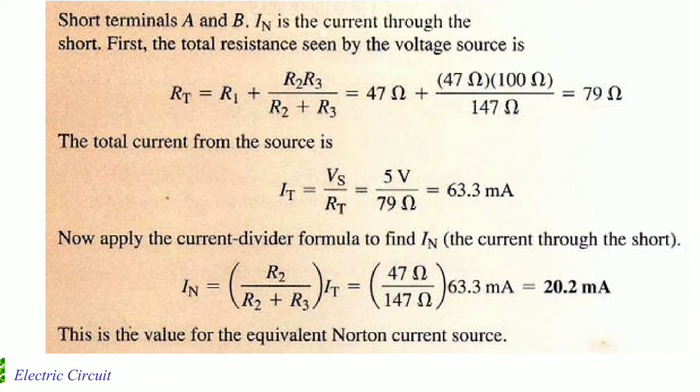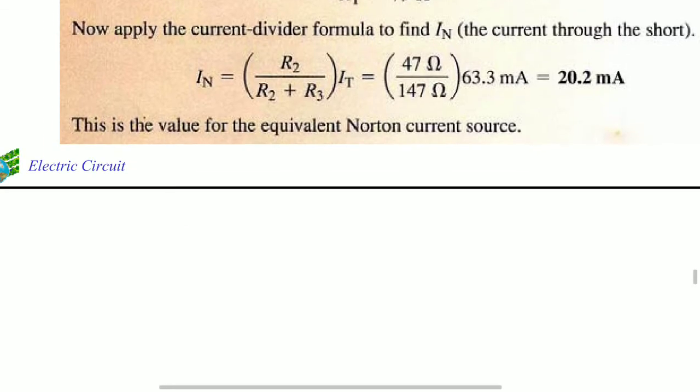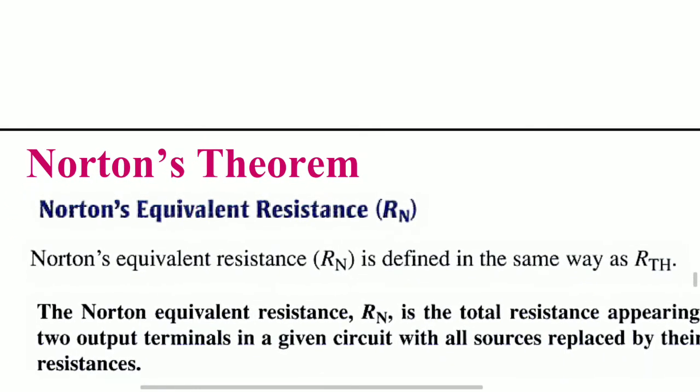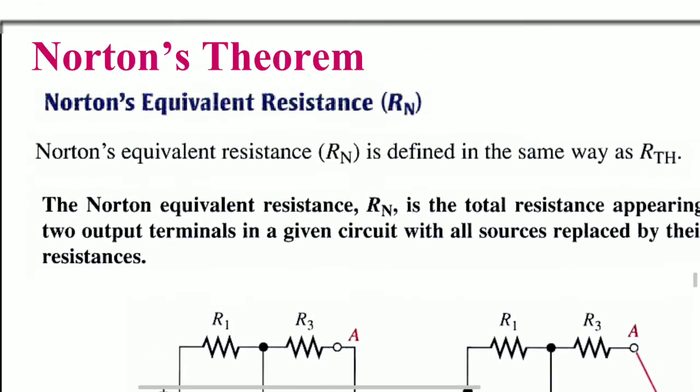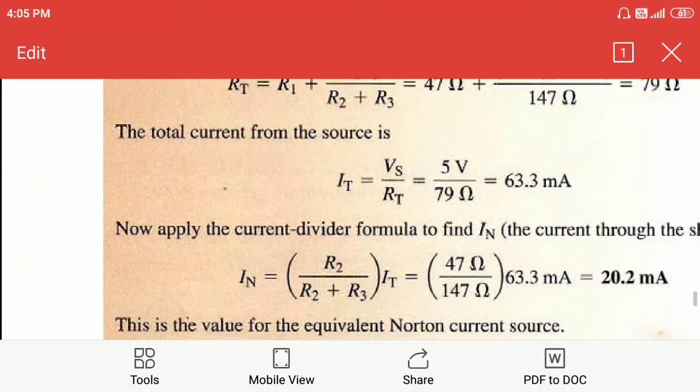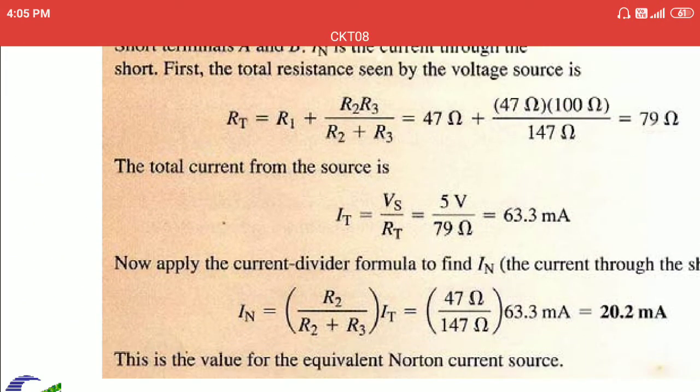This is the value for the equivalent Norton current source.